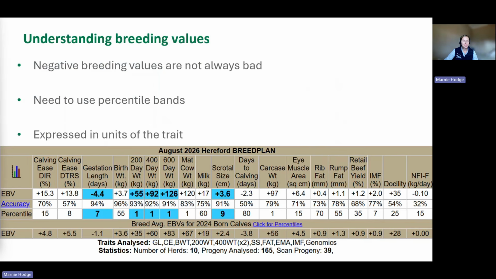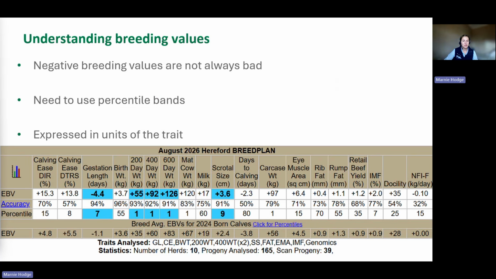So I mentioned previously that negative breeding values aren't always a bad thing. It's really important to consider some key things when we're looking at breeding values. As I said, negative breeding values aren't always a bad thing. We have to consider the direction of the breeding value in context of the trait. So if we look at this Hereford bull example, we have net feed intake on the far right-hand side.